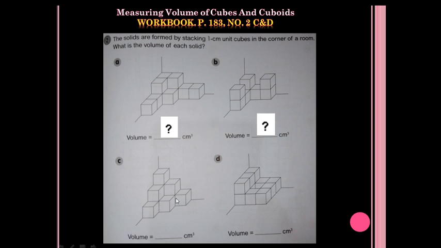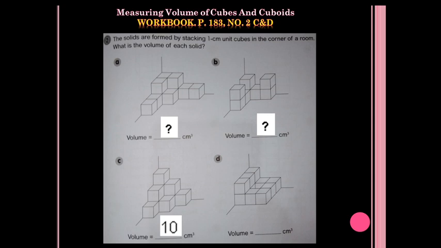Under this one also one cube. 1 plus 1 becomes 2, and under this cube there are two cubes, 1, 2. So 2 plus 2 equals 4. So now 6 plus 4 equals, let's count together, 1, 2, 3, 4, 5, 6. 6 plus 4 equals, yes, that's true, 10 cubic units. 10 centimeter cubic.